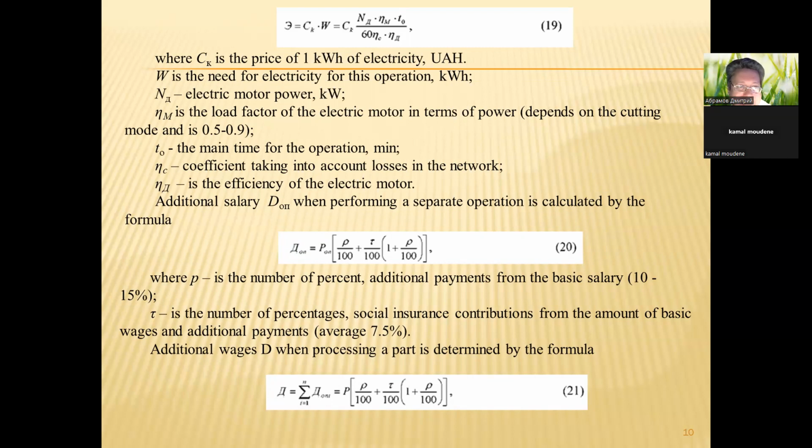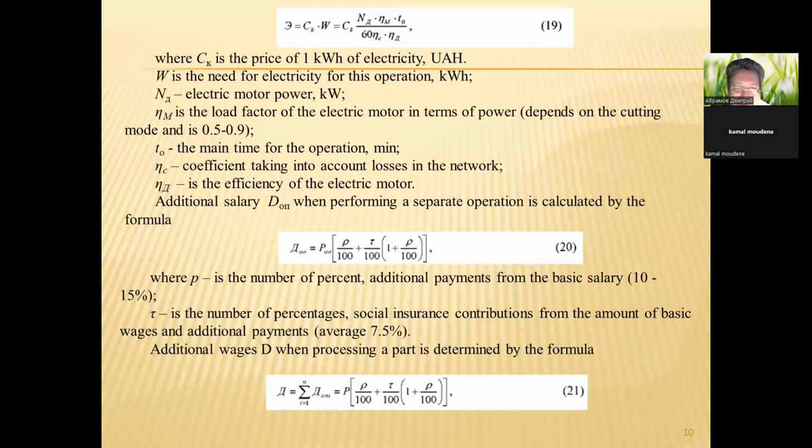K suffix M is the load factor of the electric motor in terms of power, depends on the cutting mode and is from 0.5 to 0.9. T, the main time for the operation in minutes. Small t, suffix 0. K suffix C, coefficient taking into account losses in the network. Eta suffix D is the efficiency of the electric motor.